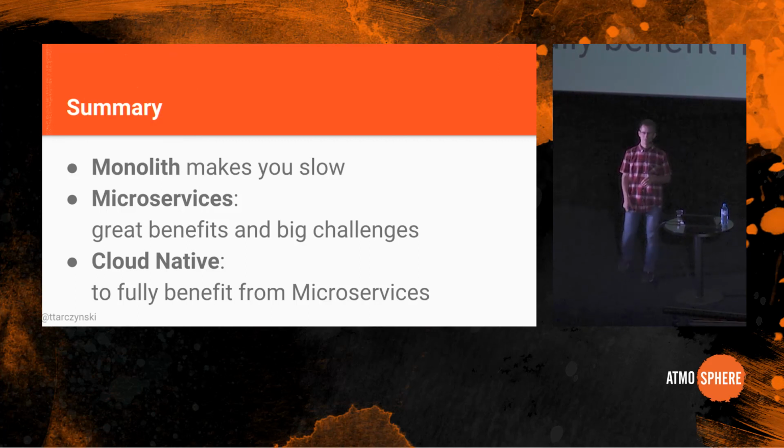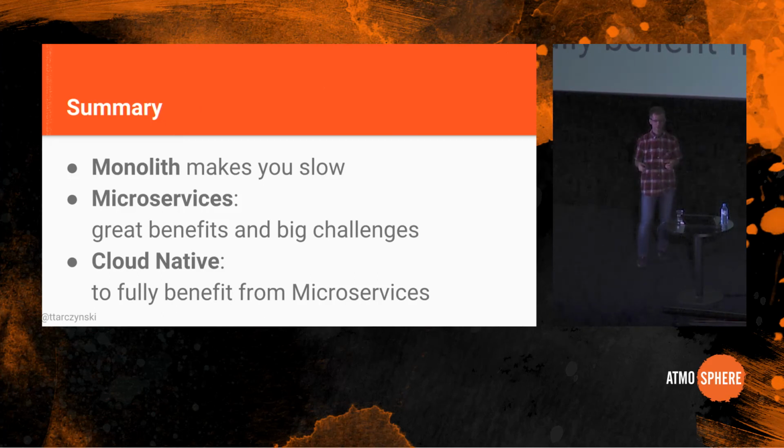So, just to give you a brief summary of what I've talked about today, there were 3 parts. First was about monoliths, that they really make you slow. At least our experience was that we couldn't run any faster with a monolithic architecture. Then the microservices, where we've observed great benefits, but also very big challenges.